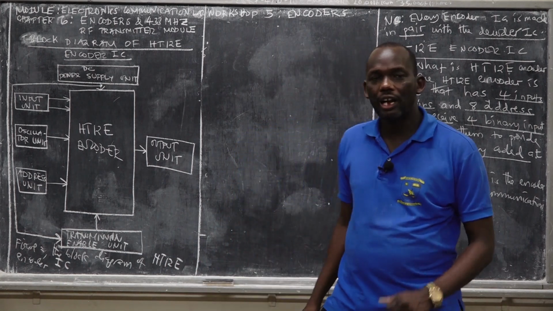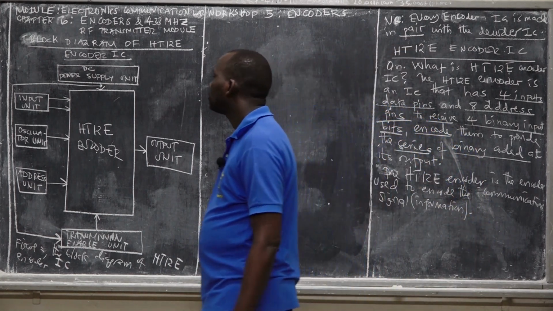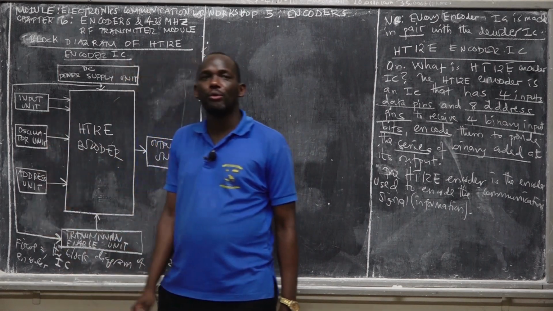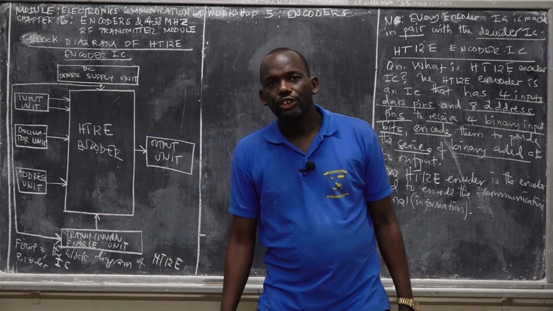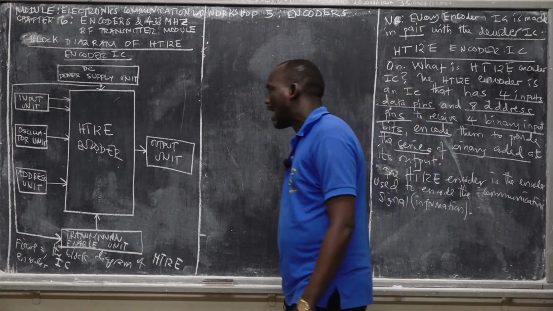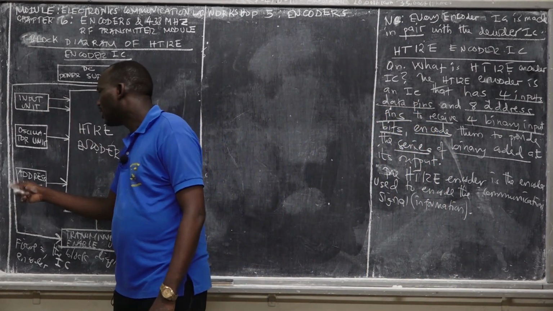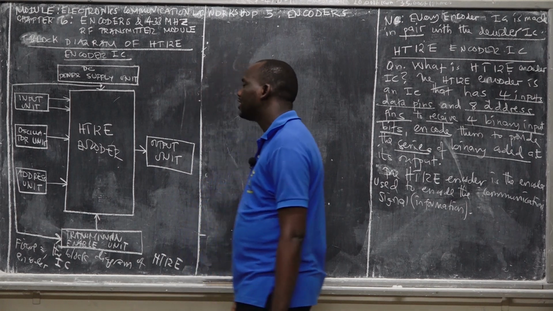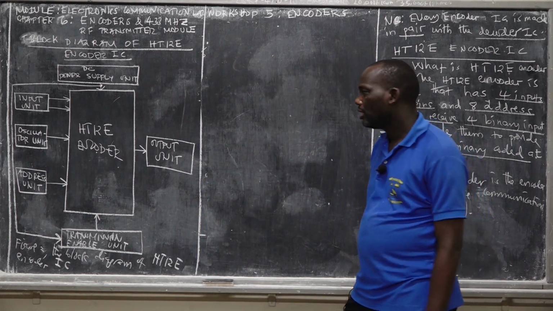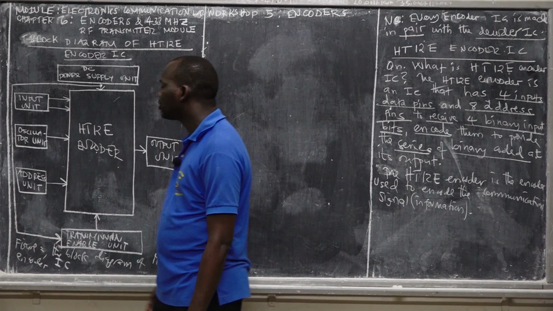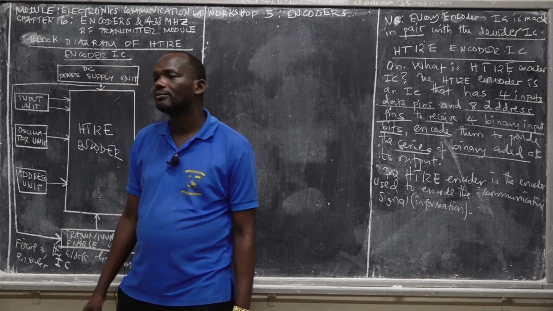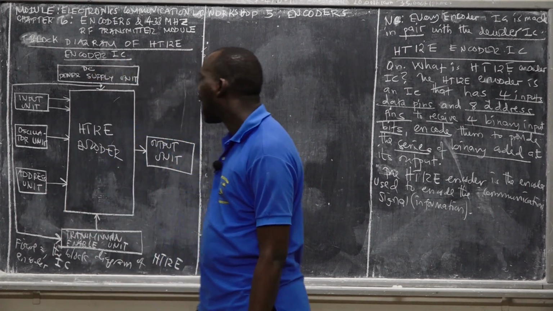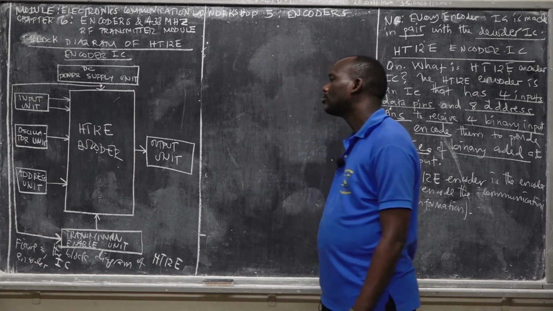And then we have the next block, which is the input unit, and the other block is called the oscillator unit. And the other block is called the address unit. Say input unit. Say oscillator unit.